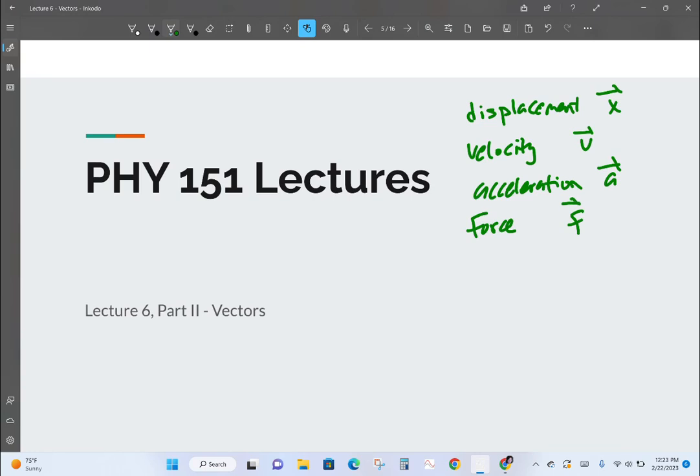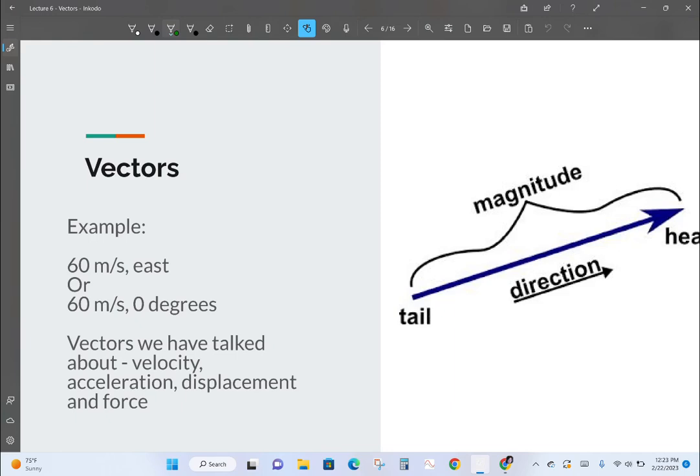So these are all vectors, and we denote that they're vectors with this little half arrow just to distinguish them from other things like speed, which would just be v, and distance, which would just be x. By definition, a vector has a magnitude and a direction. We illustrate that visually by drawing vectors as arrows drawn to some kind of scale.